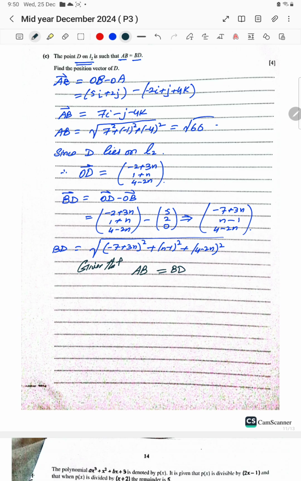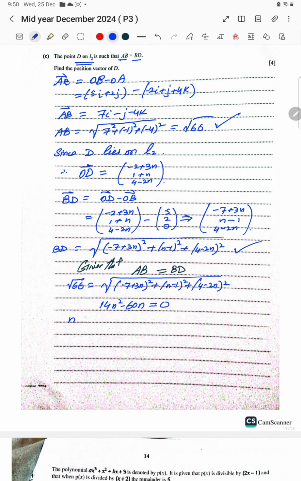So I will equate the result. AB is square root 66 and BD is the square root of minus 7 plus 3n whole square plus n minus 1 whole square plus 4 minus 2n whole square. So simplifying will give me the answer in the form of 14n square minus 16n equal to 0.